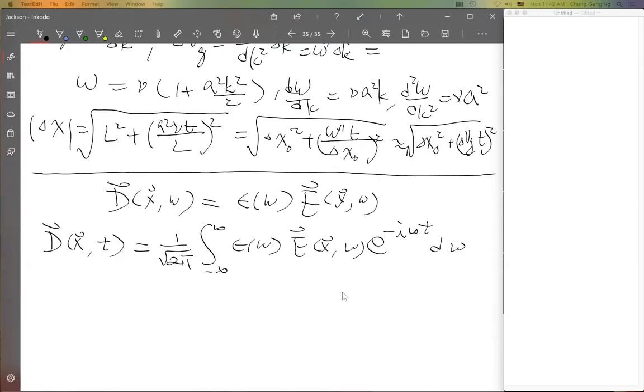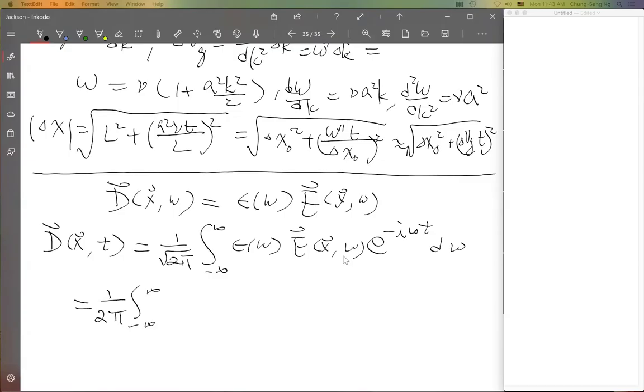So what we'll do is express this Fourier transform of E as an integral in t now, because E(x, omega) is a Fourier transform of E(x, t), so we can express that. For that, you have another 1 over square root of 2 pi, so you multiply the two together and have 1 over 2 pi in front.